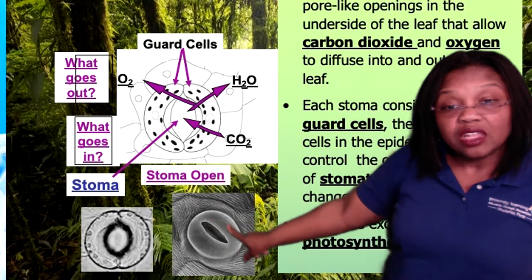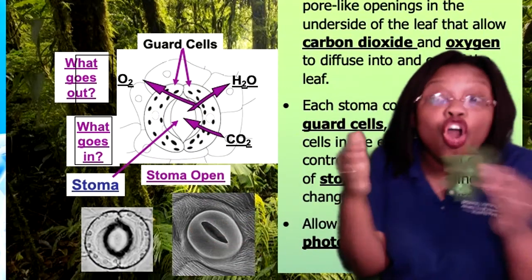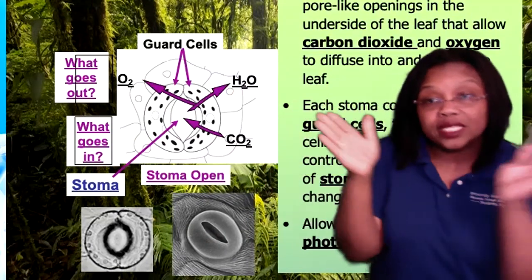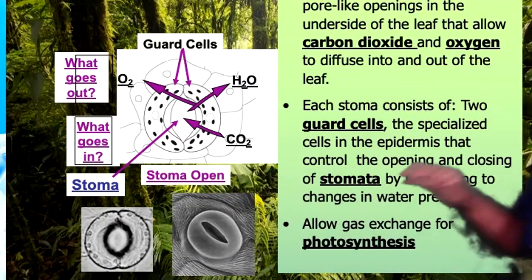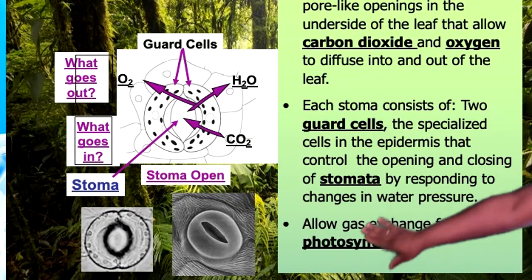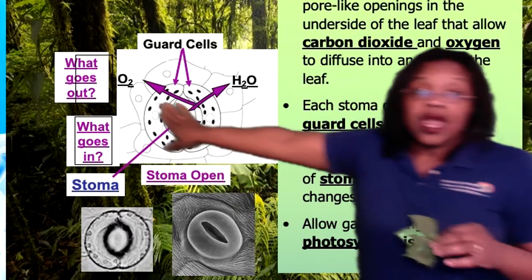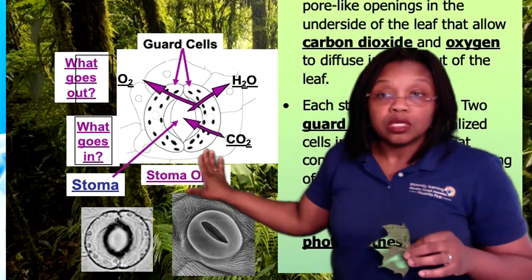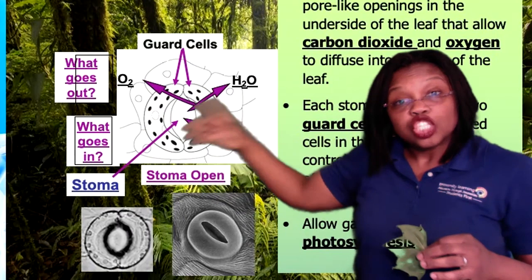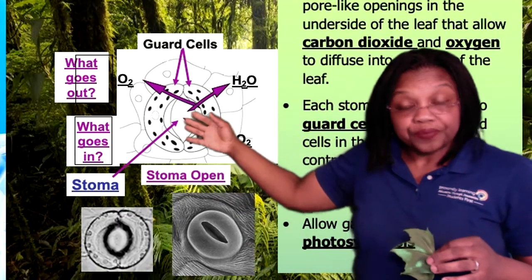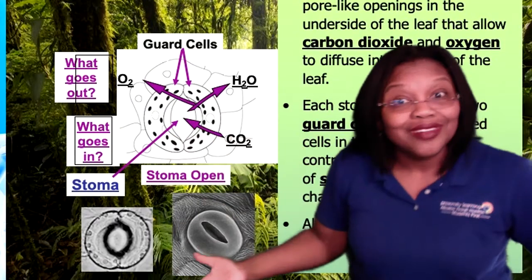The fat-looking lips on the outside are the guard cells. They guard the opening. They're the ones that decide when it should open and when it should close. So in the stomata, not only are carbon dioxide and oxygen allowed to enter and release, but also water. So this is where water can be released gradually when the time is right.